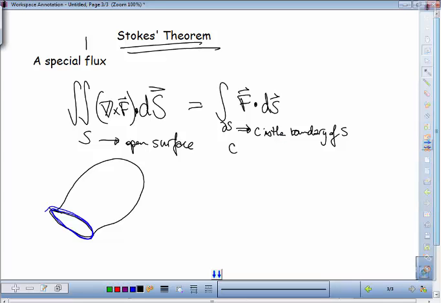Like that example we had with the quarter of a sphere. This is going to have a boundary. The boundary is going to be in three pieces, it looks like. It's going to be this piece of a circle here, another piece of a circle here, and then another piece of a circle here.